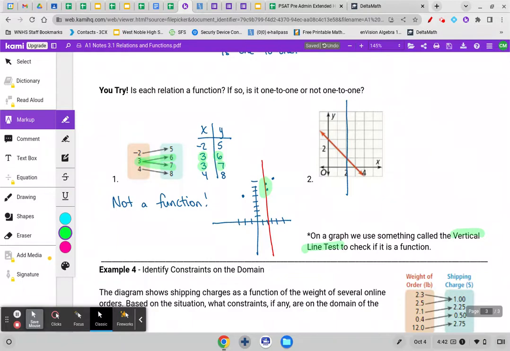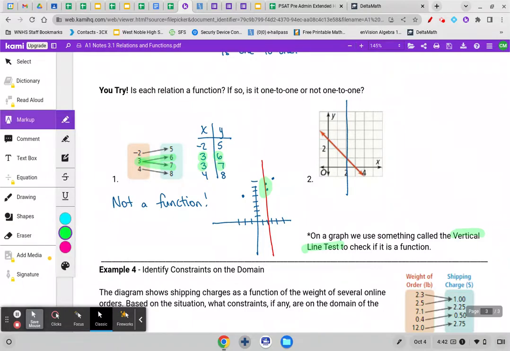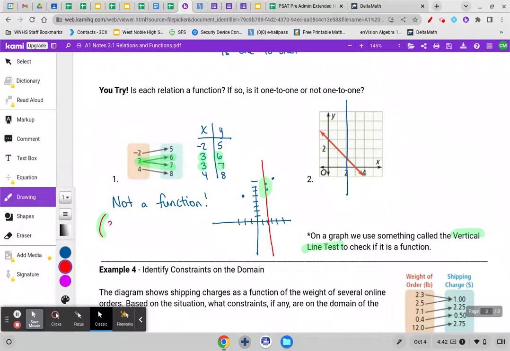So graphically, that's what it looks like. On a table, you just look for repeated x values, and then you know it's not a function. And if it's not a function, it can't be one-to-one or onto. Because 3 maps to both 6 and 7, that's why it doesn't work.